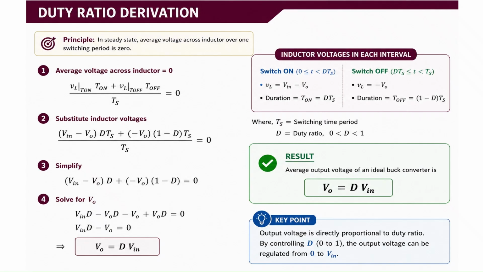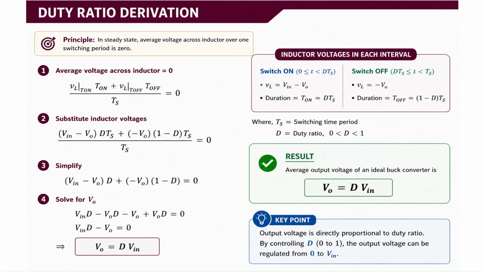Now we will see the duty ratio derivation. You have already done this in the power electronics course which you learned in the second year. Just for your understanding, I have added this. We use the inductor average voltage assumption: there is a rule that the average voltage across the inductor is 0. How can we write the equation for average voltage?